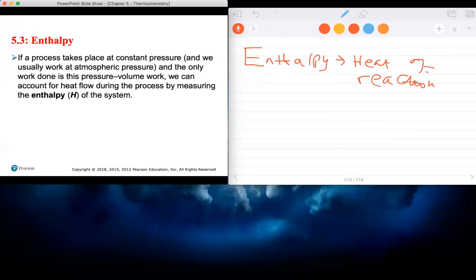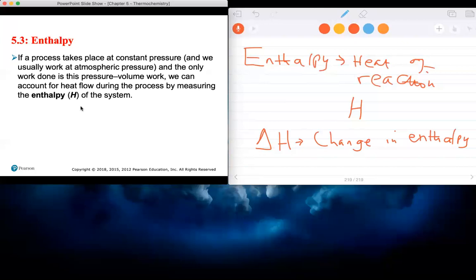And we denote this using the notation H for enthalpy. I don't know why we don't use E for enthalpy. It could have made sense to use E, right? But E is for internal energy, H is for enthalpy of reaction. And you'll see this down the line. This means change in what? Change in enthalpy, all right? Which is simply change in heat of reaction.